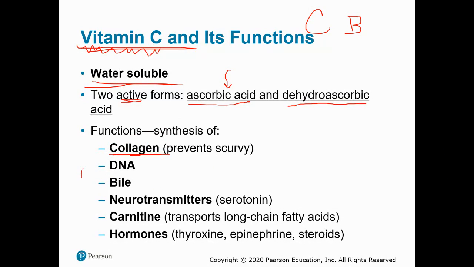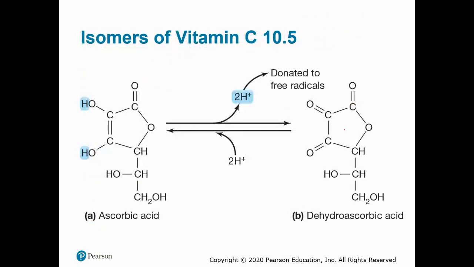Anyways, we do see vitamin C also supports DNA synthesis, bile formation, neurotransmitter synthesis, carnitine synthesis, and hormone synthesis. So vitamin C is a pretty critical nutrient. But for our purposes, the two that we highlight in this chapter are collagen and, of course, its antioxidant role.